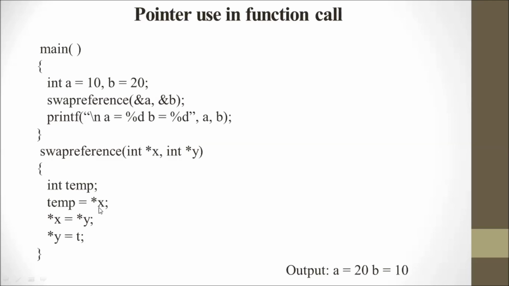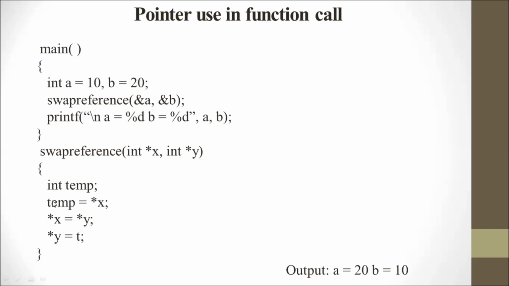Temp equals *x, meaning x contains the value 10, so the 10 value is stored in temp. And here *x equals *y. y holds the value 20, so 20 is stored in x. And here *y equals temp. Temp stores 10, so 10 is assigned to y.